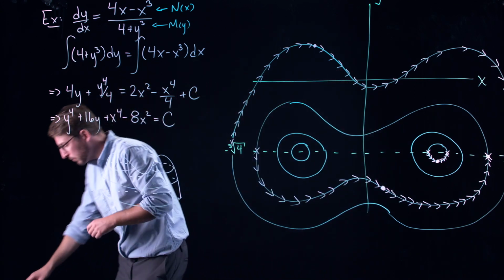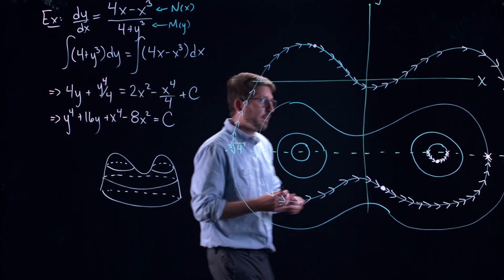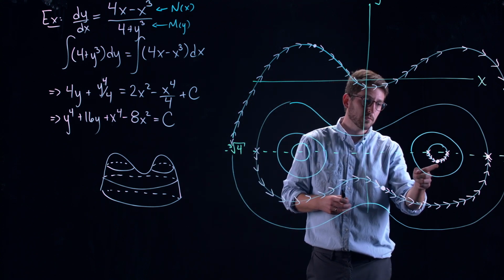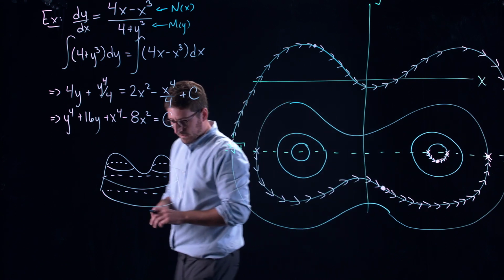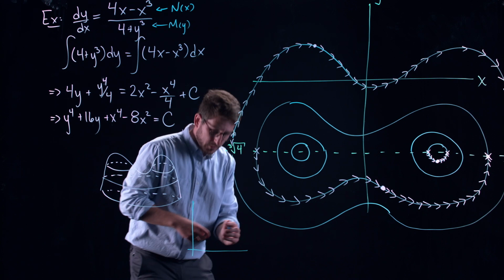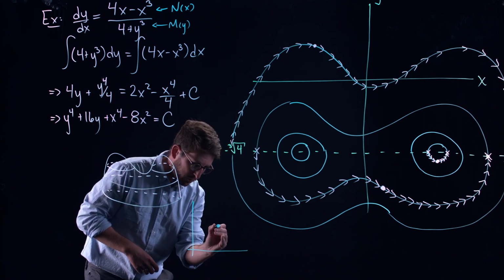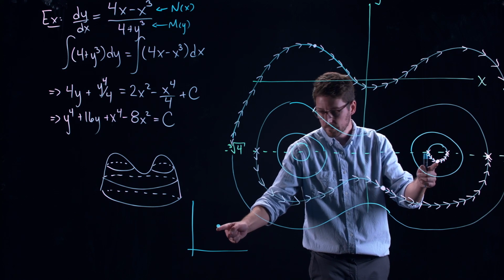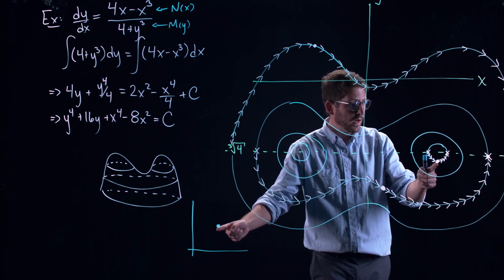What would a plot of the solution look like? Let's plot this little one down here because it's just way easier for me to draw. And let's put it right here, okay? So here, let's imagine this point right here is meant to represent that initial condition. So what happens?